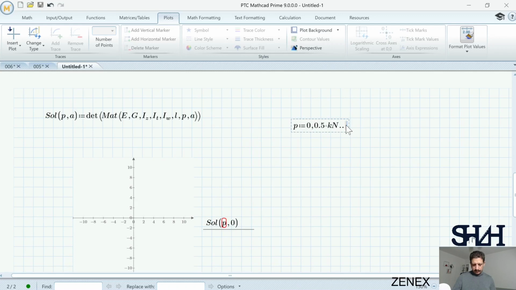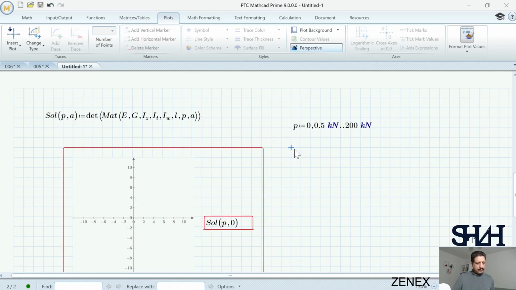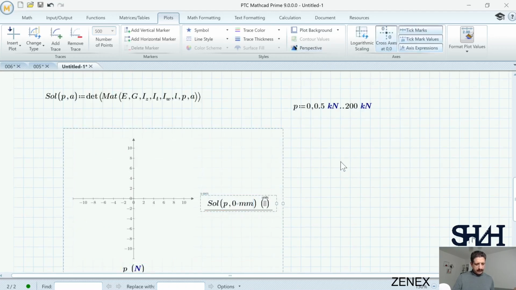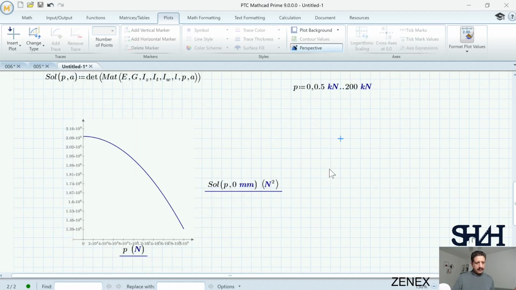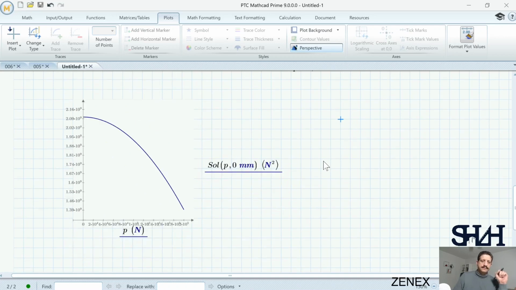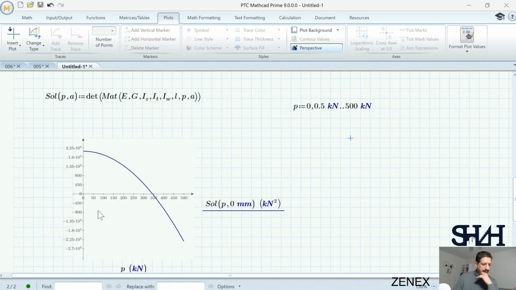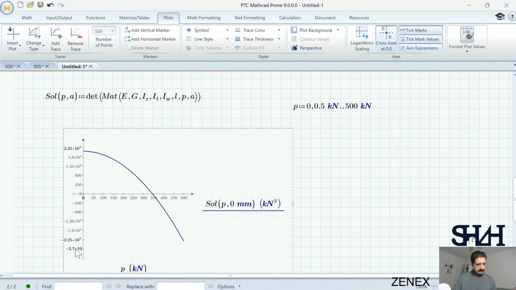It is better if we define P up to 200, and also, so here this is 0 millimeter. Here we can see that if A is 0, it can be about 200 or even a little bit more. So let's go with 500. And I can adjust this to be 0.